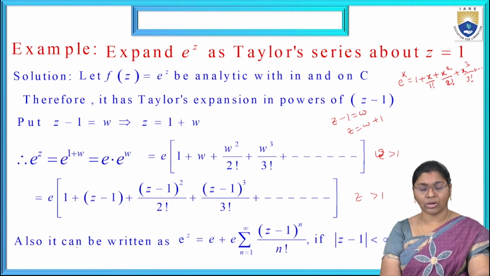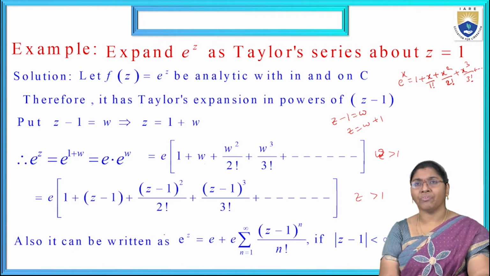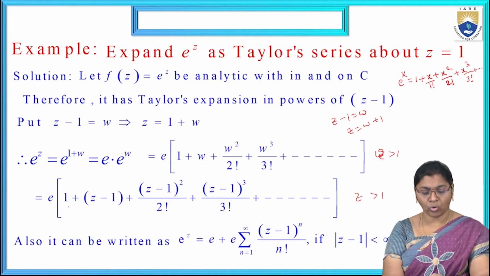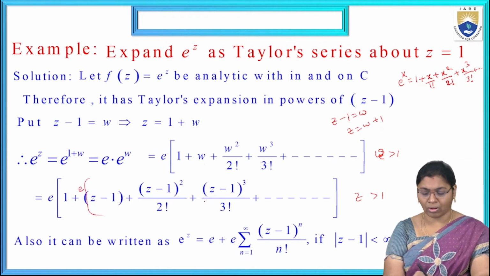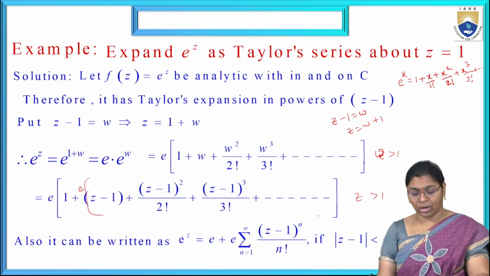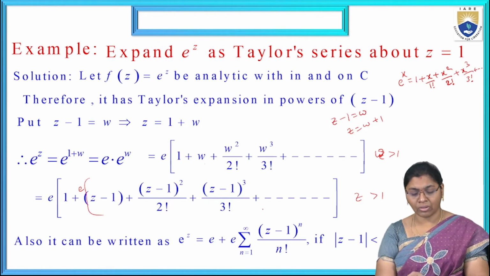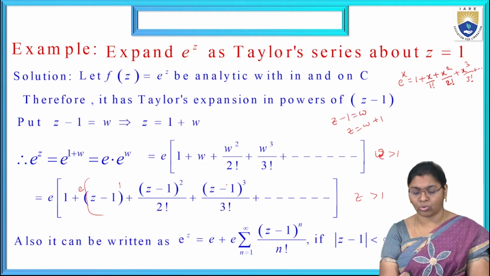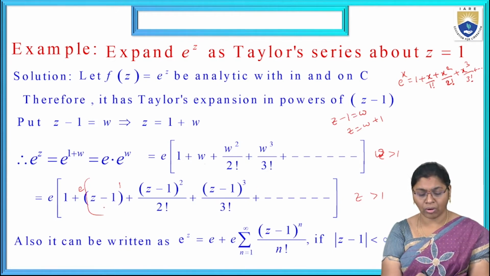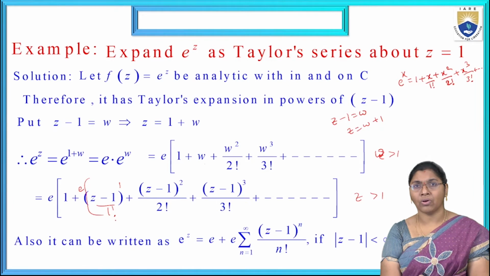Now we can write e^z = e + e times the remaining terms, that is e[(z-1) + (z-1)^2/2! + ...]. Each term corresponds to n = 1, n = 2, n = 3, n = 4, and the denominator is also n factorial.